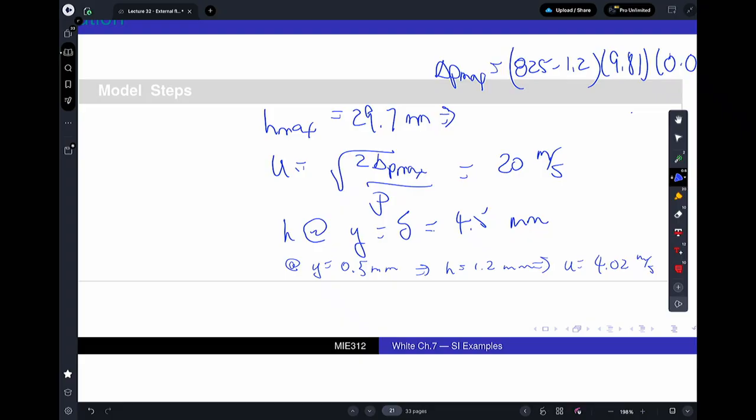And if you do that, then you can calculate at the very lowest point the same thing. So you have h equals 1.2 millimeters at the bottom, and it translates to 4.02 meters per second.